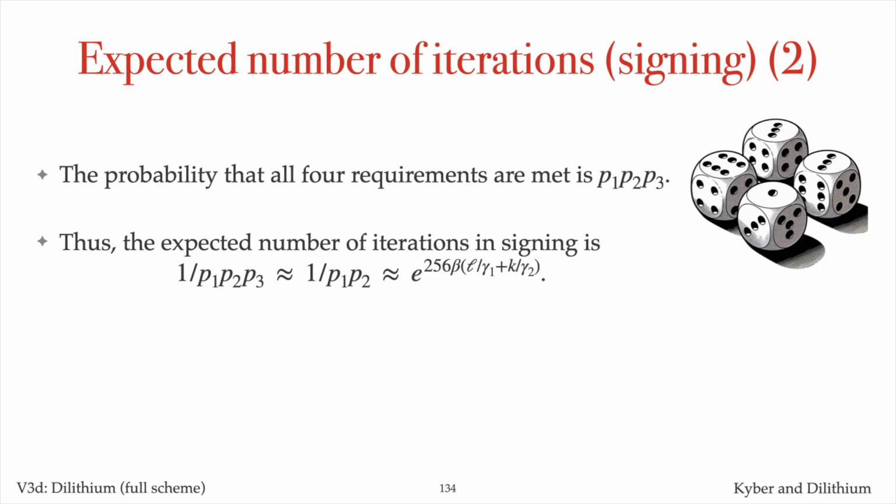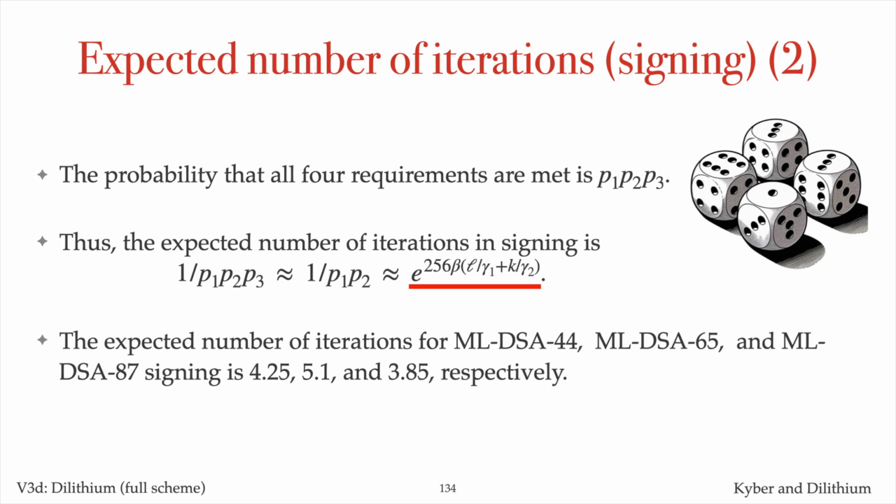So the expected number of iterations is given by this expression. You can check that for the three sets of parameters in FIPS 204, the expected number of iterations is 4.25, 5.1, and 3.85 respectively.